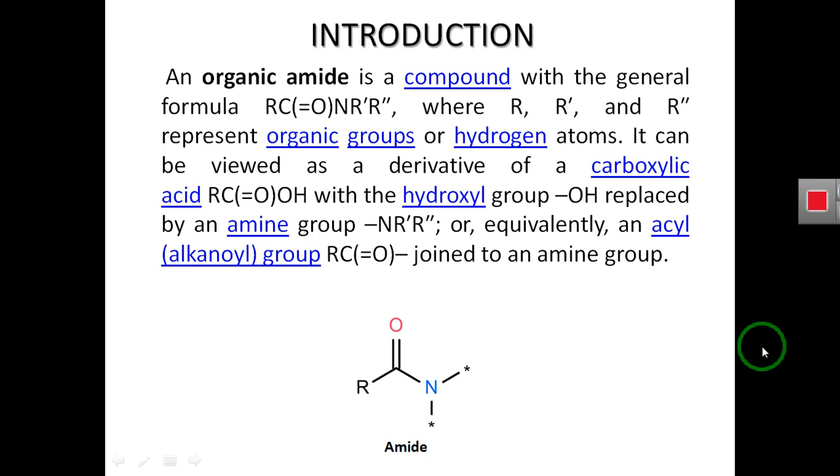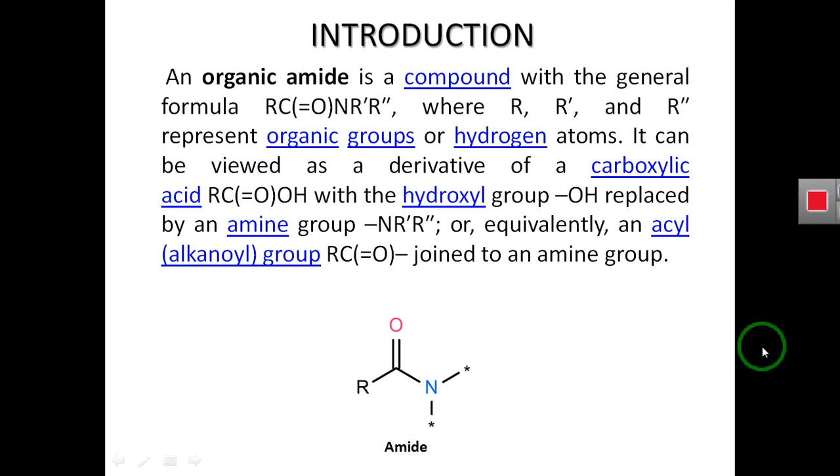In CH3COOH, the last hydroxyl group is replaced by an amine group. So you have to just remember this: amides, or we can also call them carboxyamides, are organic compounds or organic molecules. These are the derivatives of the carboxylic acid.